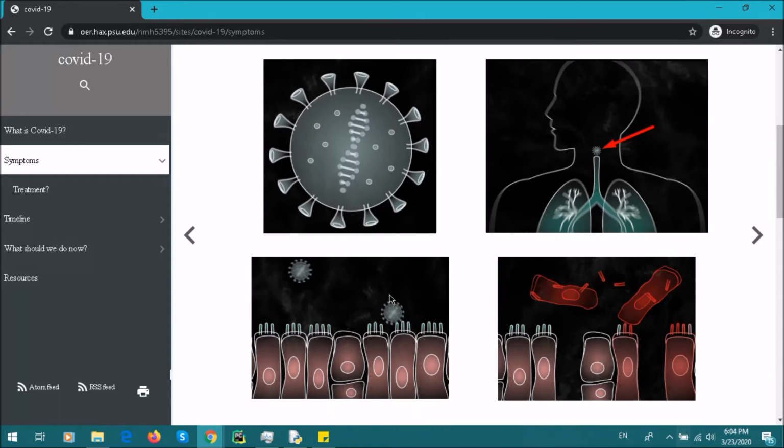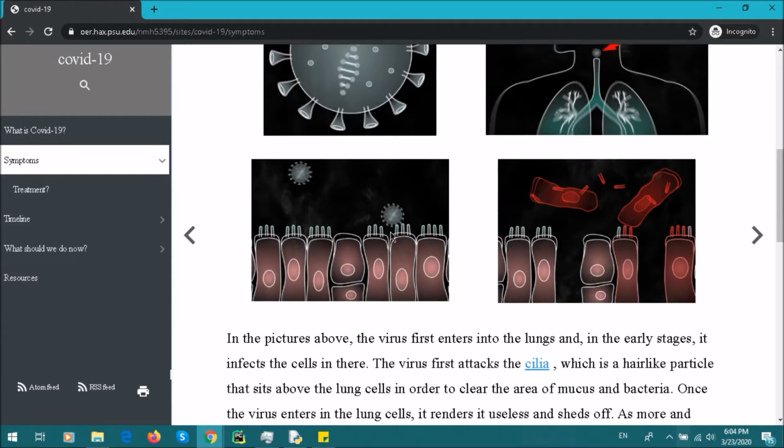And what this would do is that it will invade these lung cells in which they are protected by these hair-like particles, you see here, known as the cilia. Now these hair-like particles basically sit on top of your lung cells in order to clear the area of mucus and bacteria.